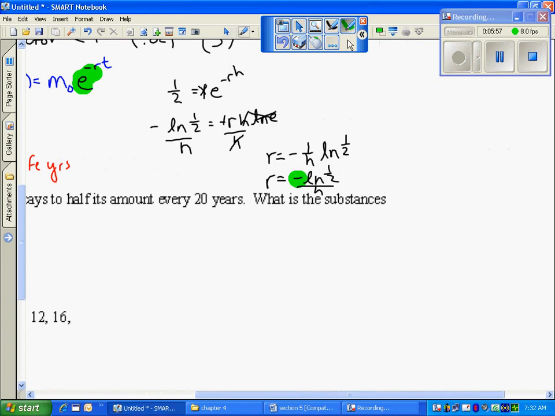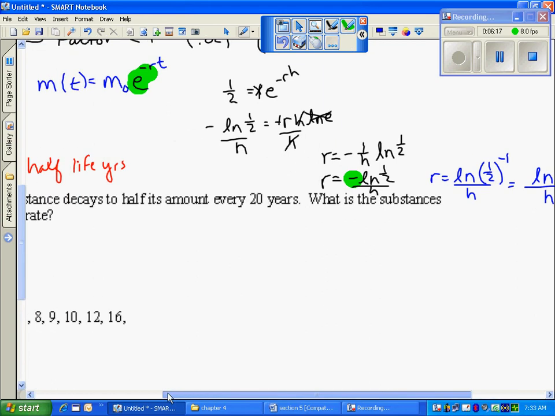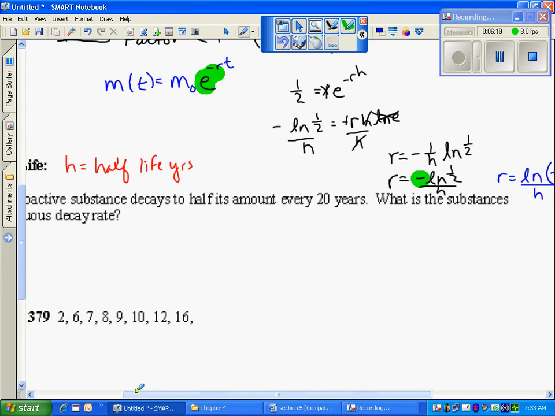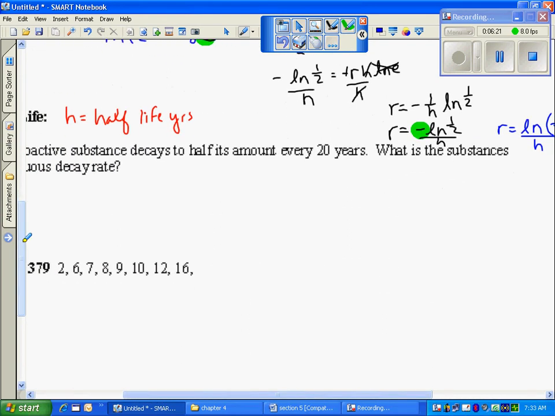So r now equals the natural log of 1/2 to the negative 1 power over h, which is, see, 1/2 to the negative 1 flips it over, natural log of 2 over h. So there's a quick little simple formula that you can use in a situation if it's asking for the decay rate.